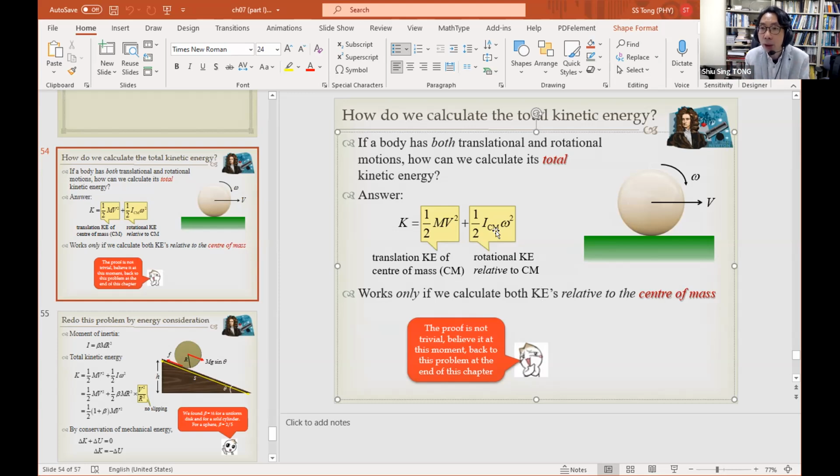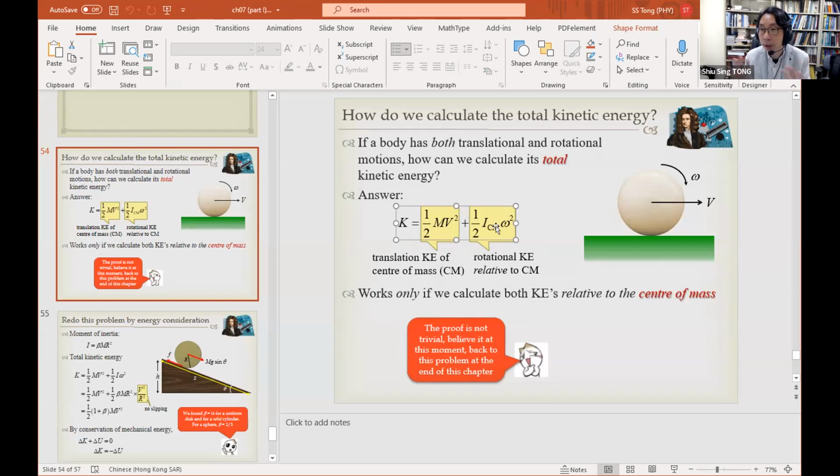This is generally correct as long as you measure everything relative to the center of mass. If you measure the velocity, the angular momentum and the moment of inertia relative to the center of mass, the kinetic energy can be separated into this nice form. That is the main idea.